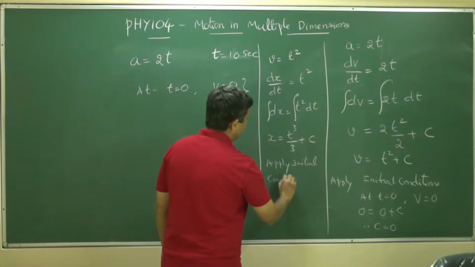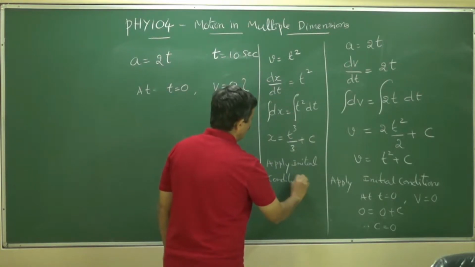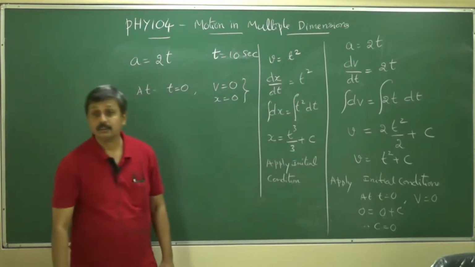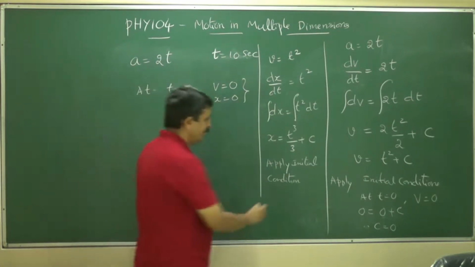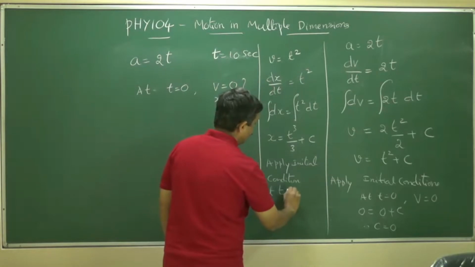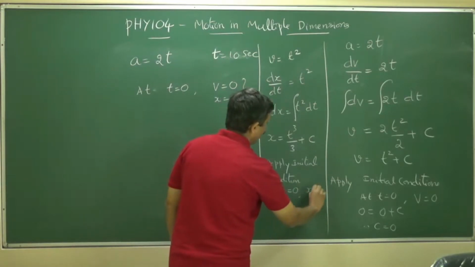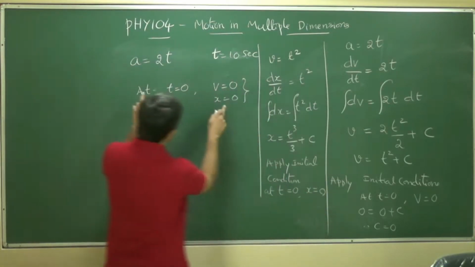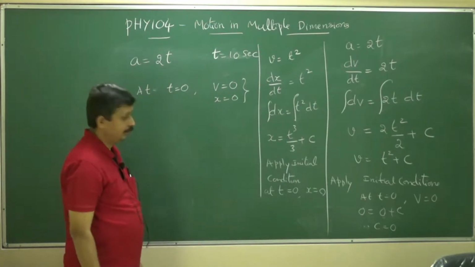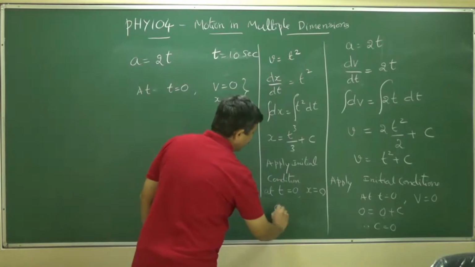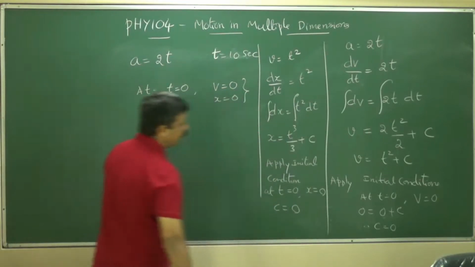If you are not doing this, in the next problem you will have serious problems. So apply the initial condition where at t is equal to 0, x will also be equal to 0. That is the initial condition which we have set. By applying so, we get c is equal to 0.